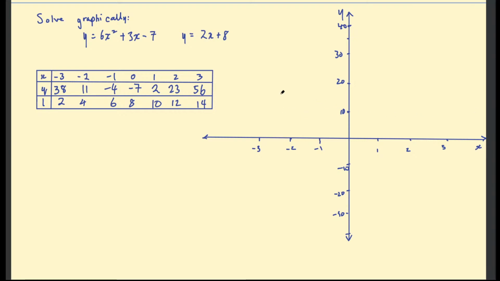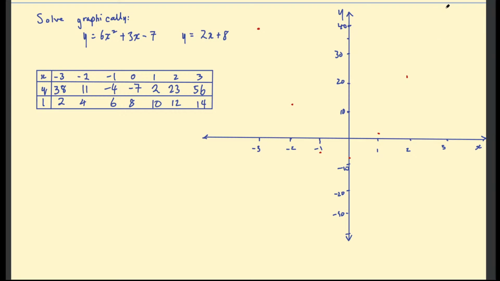So -3, 38 would be up here somewhere. -2, 11 would be down here. -1, -4 would be about here. 0, -7 about here. 1, 2 about here. 2, 23 and 3, 56. Oh, way up there.